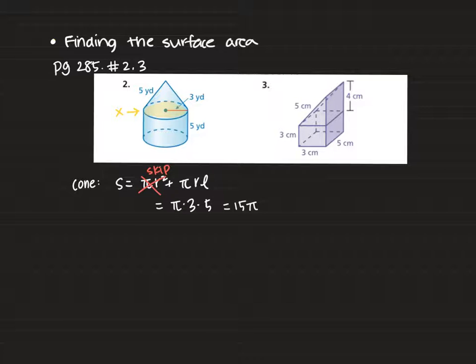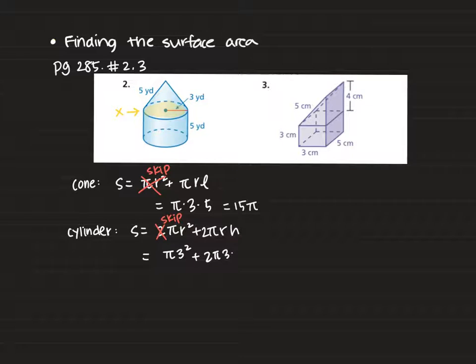For my second part, it's going to be the area of one of the circles, just one, and then the sides. So I'm going to do pi times r squared, which is pi times 3 squared, plus 2 times pi times r, which is 3, times the height, which is 5.